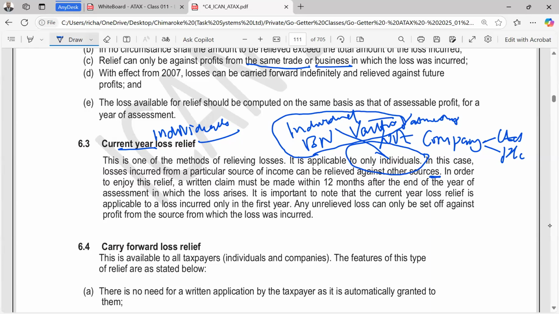So the profit will now remain 300,000. Remember, you are carrying forward 200,000 from the previous year.